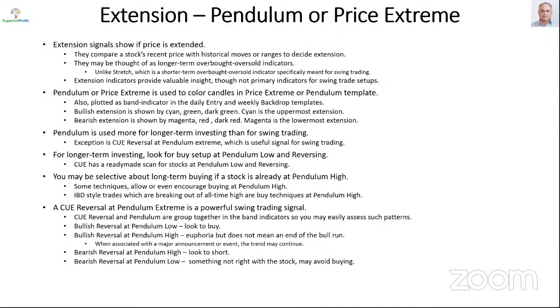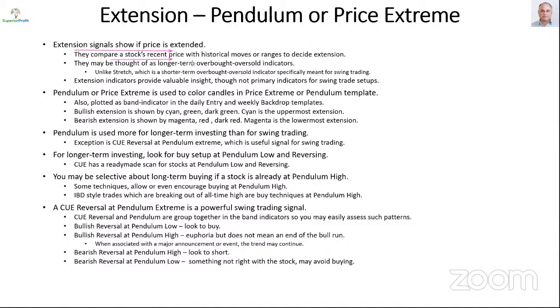It may not reverse, but first it will become extended. Sometimes it may reverse without extension, but extensions are very useful signals for different kinds of trades. Pendulum or price extreme level is one extension signal. They show if price is extended.